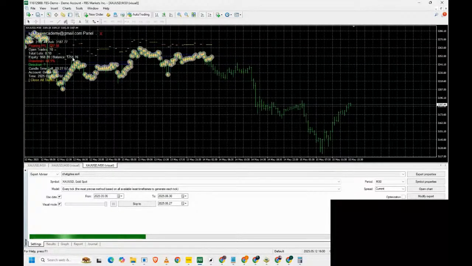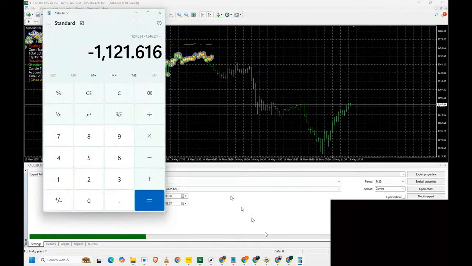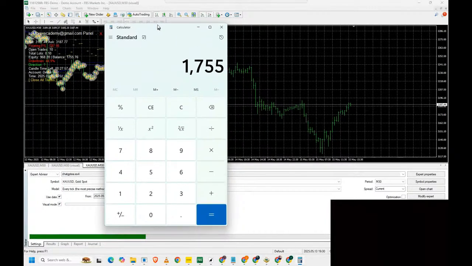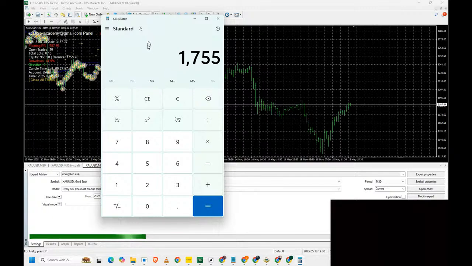Now, 1755 on the 13th of May, that was where we got. The bot had a maximum of 10 trades and could not go further because, of course, the market is unpredictable. So I'm going to do another 10% of 1755, 0.76.